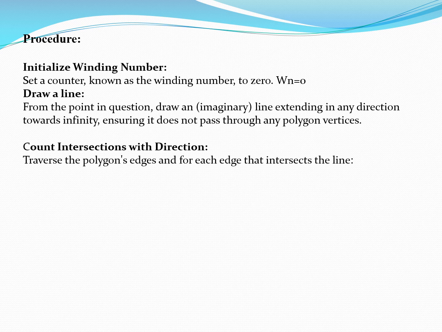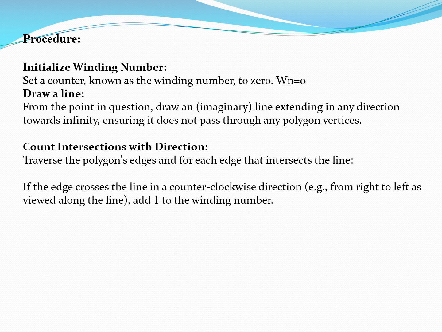Traverse the polygon's edges, and for each edge that intersects the line: if the edge crosses the line in a counterclockwise direction, for example from right to left as viewed along the line, then we add 1 to the wn number.